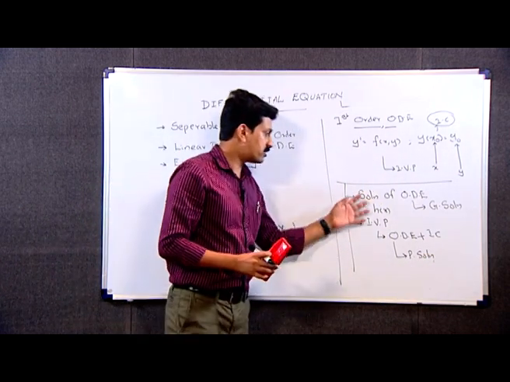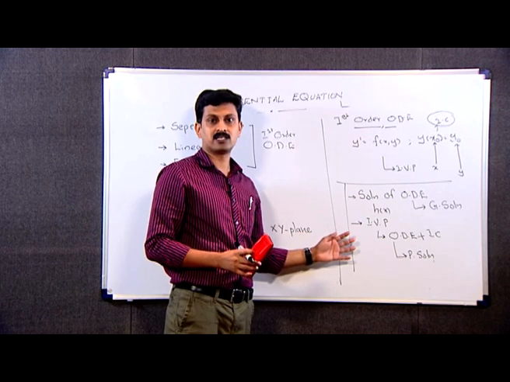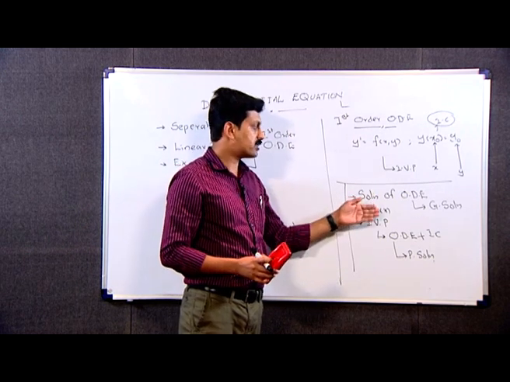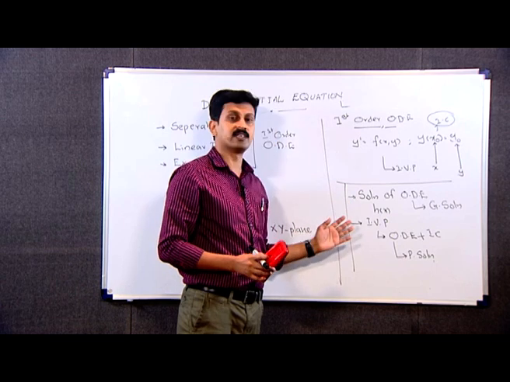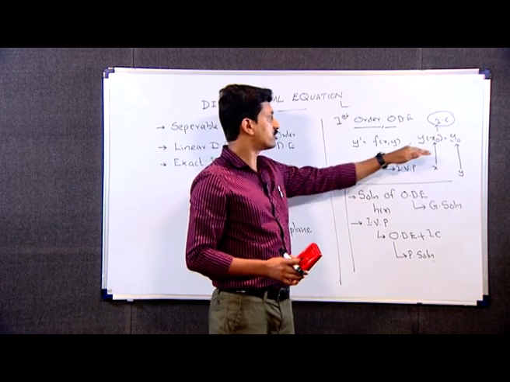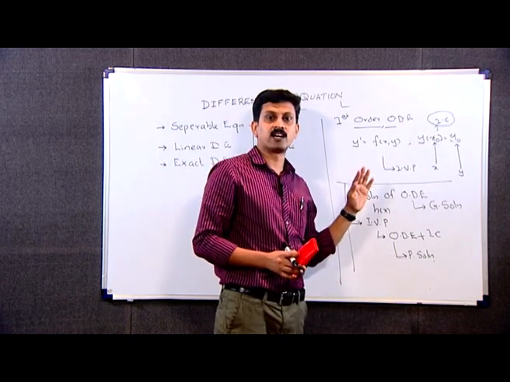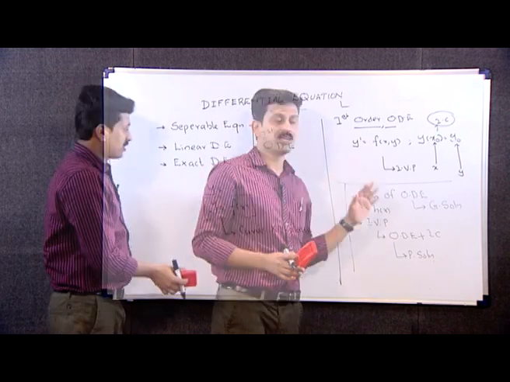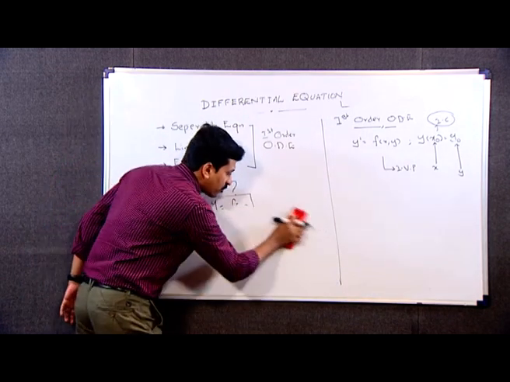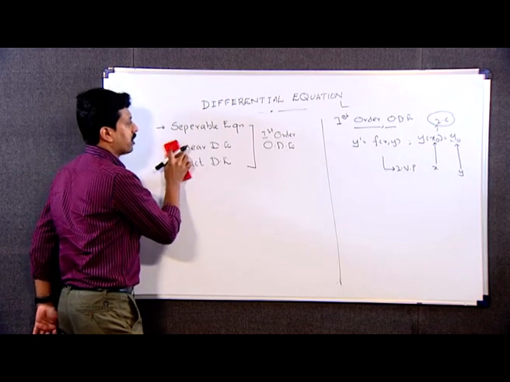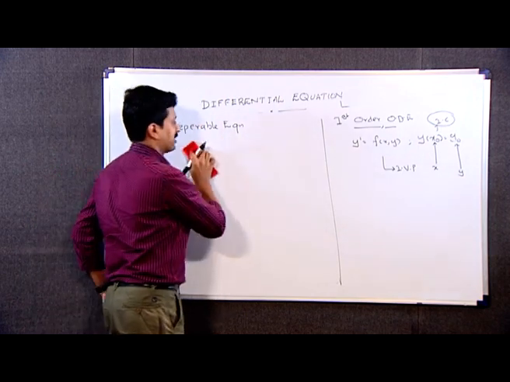In all the discussions, both will exist. In many cases we find the general solution. In some cases, if it is an initial value problem, we will find the corresponding particular solution. Okay. Now, we can discuss the separable equation.